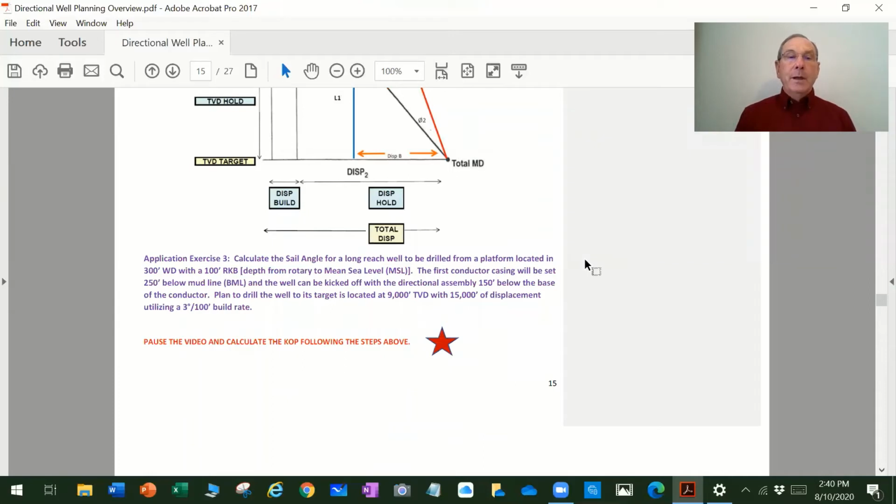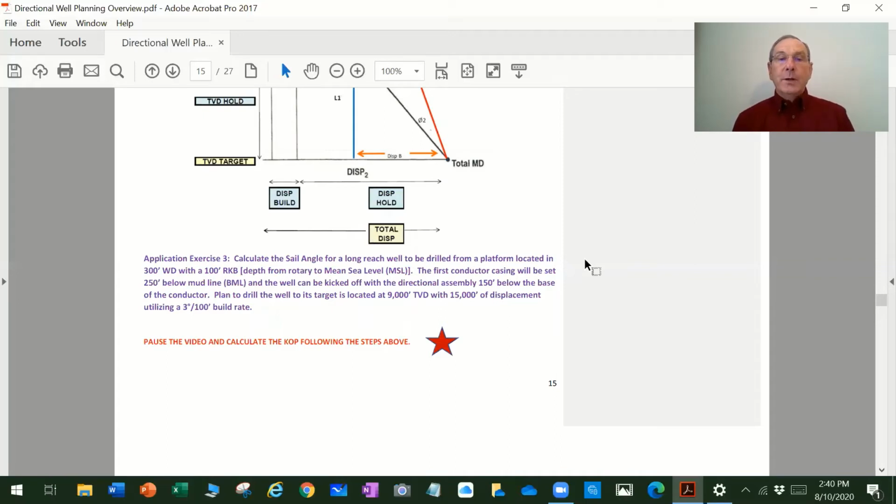Application number 3 is calculate the sail angle for a long reach well to be drilled from a platform located in 300-foot water depth with a 100-foot RKB.